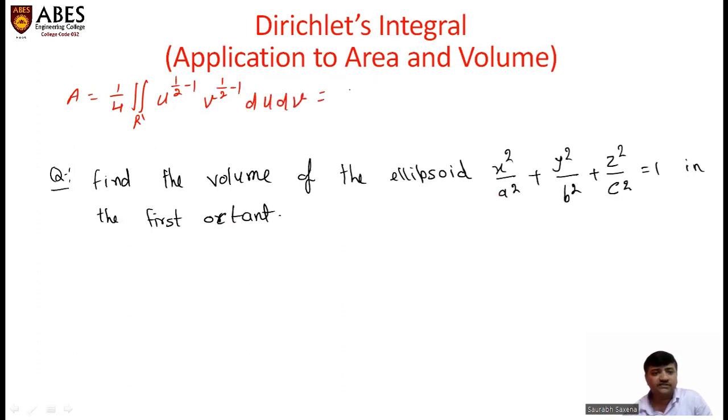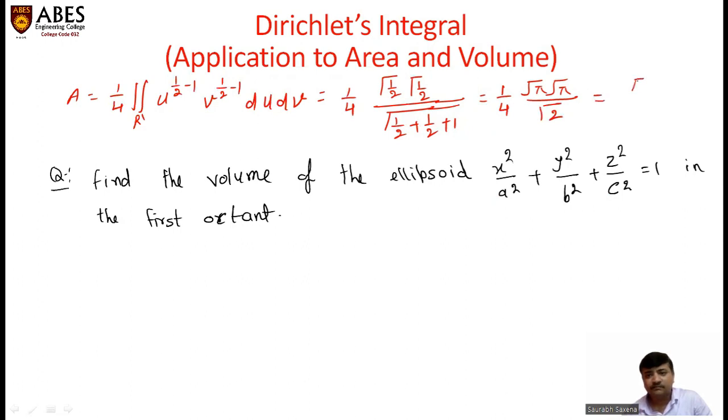And the answer of this may be given by Dirichlet's integral as 1 by 4 gamma L, gamma m divided by gamma L plus m plus 1. So this is 1 by 4 root pi, and it will be 1 by 2, 1 by 2, 1, and 1, 2, gamma 2. Gamma 2's value is 1. So I'll be getting pi by 4 as the answer.